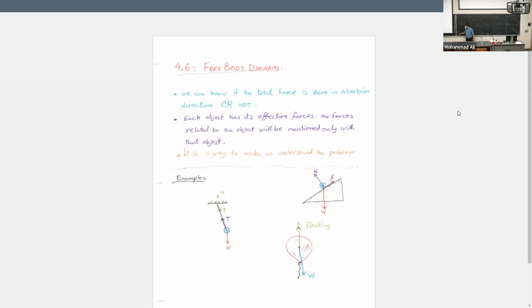You tell me, what are the forces that we have? We have the tension in the thread, we have the weight downward, and we have F applied due to the wind.